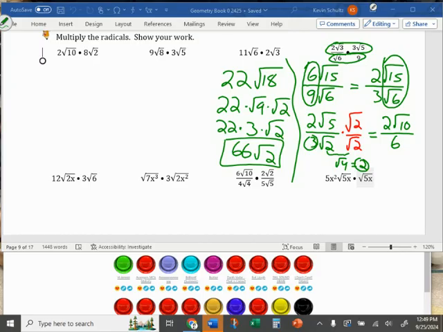So really, in this denominator, we have our coefficient 3 times the 2 that we get from rationalizing. And then, of course, 3 times 2 gives us the 6. Okay? We're not done.